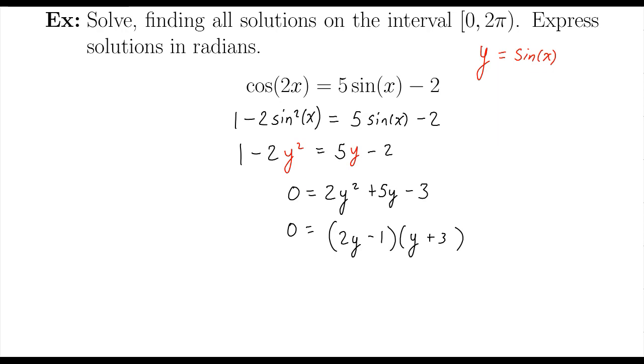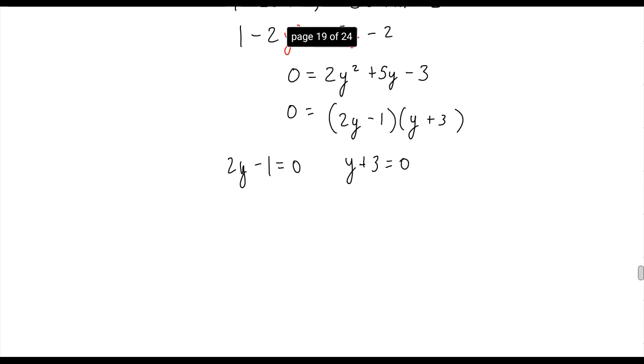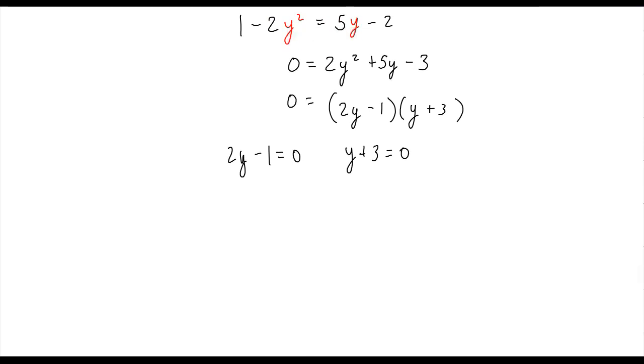The zero product property says that I can set them both individually equal to 0. And then remember y was just sine. So let me actually solve this. I'm going to add 1 to both sides and then divide both sides by 2.